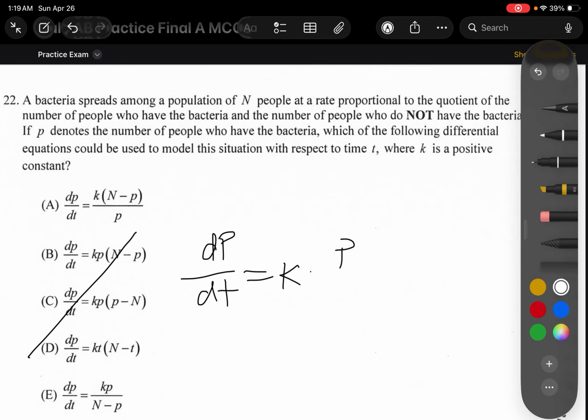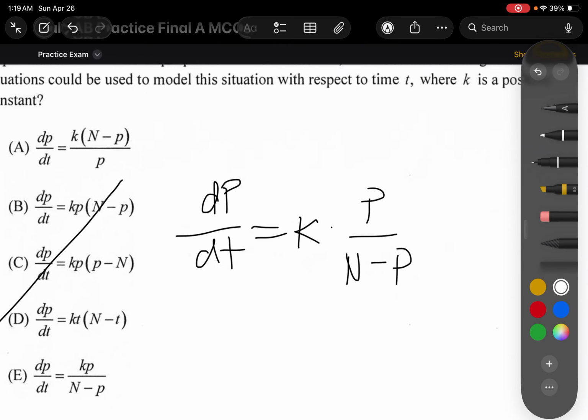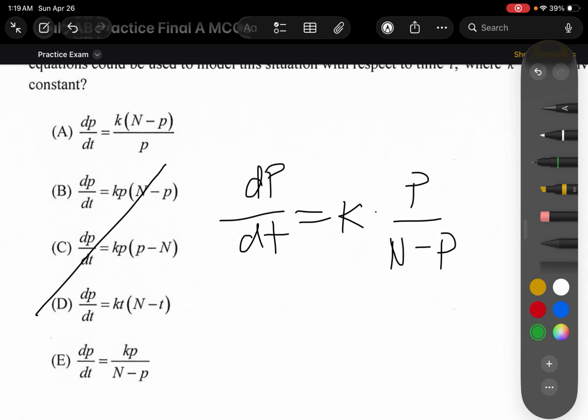So basically, K times P divided by the total amount of people minus the people who have the bacteria, so basically, people who don't have bacteria. The answer that best suits this equation is going to be E.